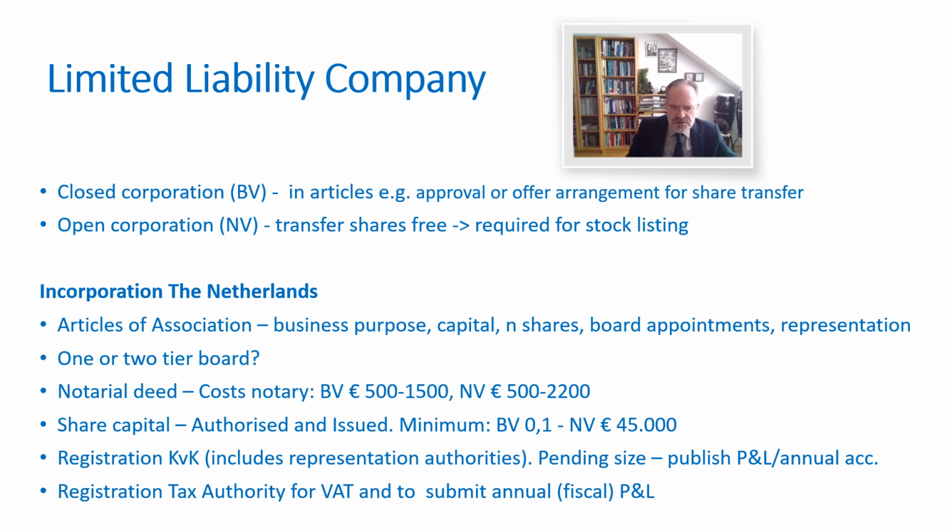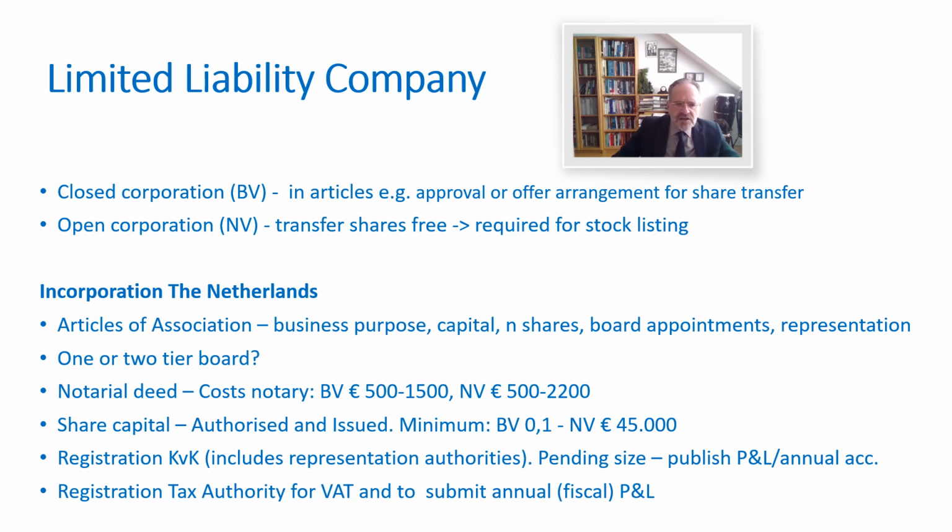The Articles of Association were discussed. We very simply said that the management must be appointed, but we will see that the structure of the management, the board of directors, can be one of the two following. We can have a one-tier board and we have a two-tier board, to be discussed later in more detail.